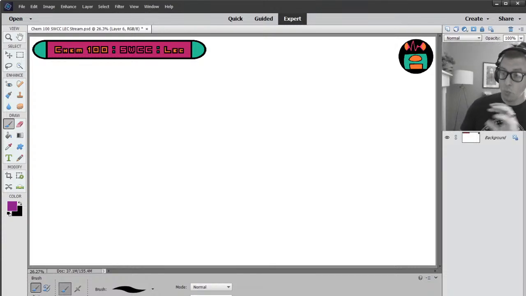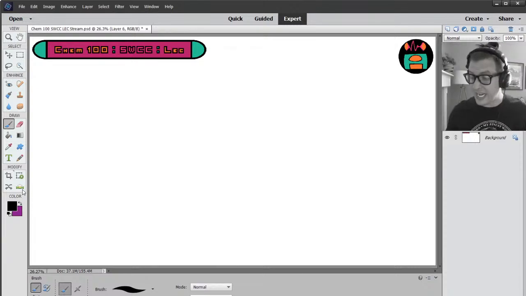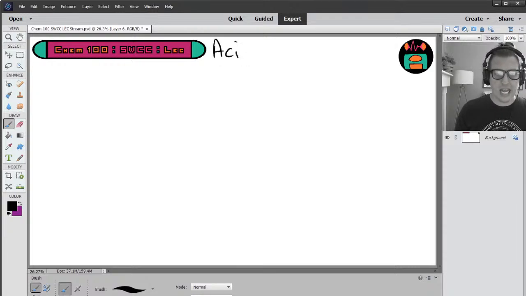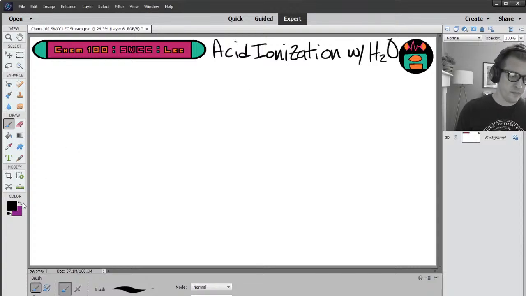Now, we have a way, as chemists, as scientists, of communicating how strong an acid is, rating how strong an acid is. And we actually use a chemical reaction called acid ionization in water.